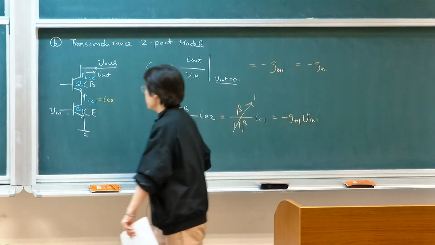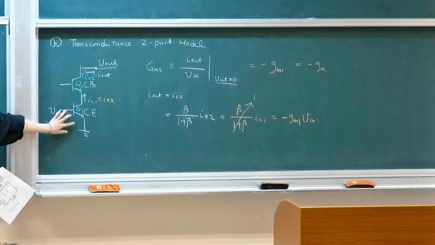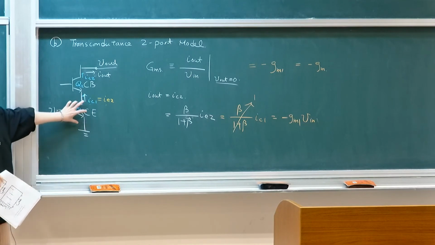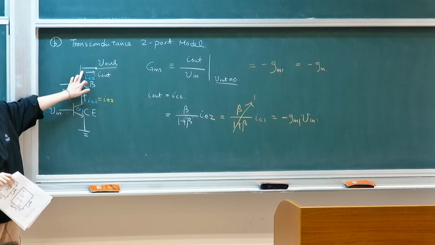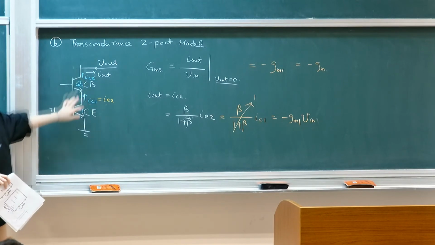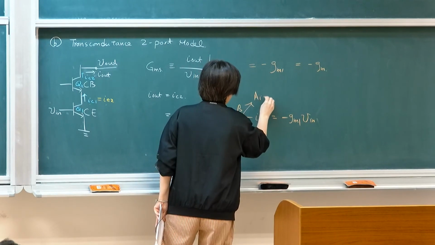The way to think about this is that anytime you modulate the emitter-base voltage, you get a GM out of IC1, and this IC1 propagates to IC2 through a current buffer with a current gain close to 1.